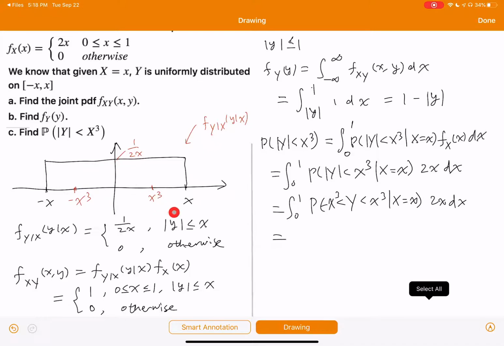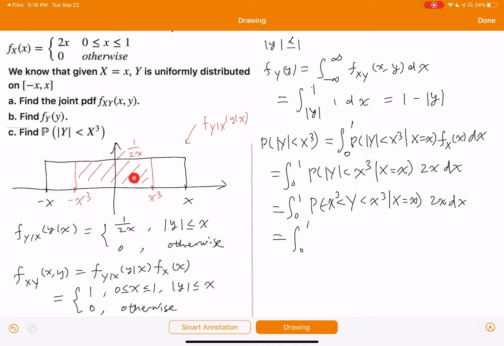I know that because x is between 0 and 1, x cubed must be less than x, so it must be here. To calculate this probability, we know that y is a uniform distribution between these two points. So the probability is essentially just this area.